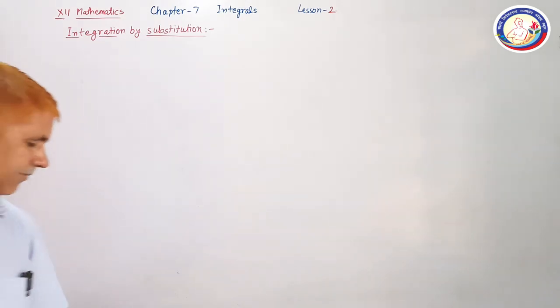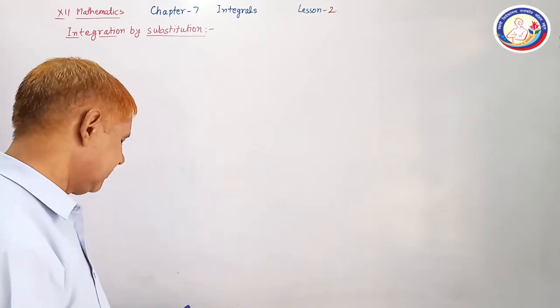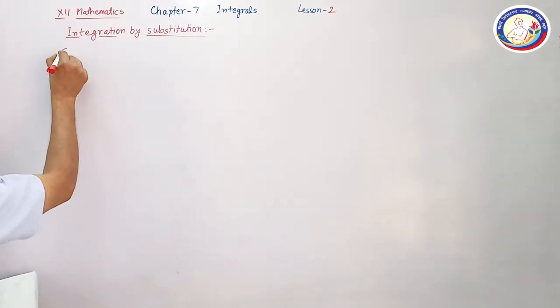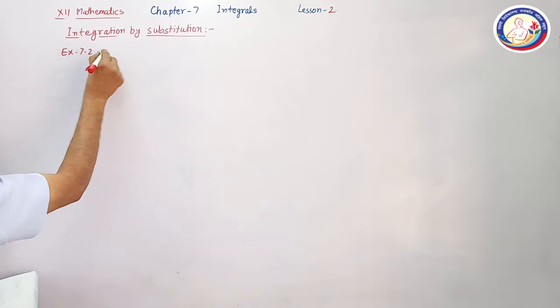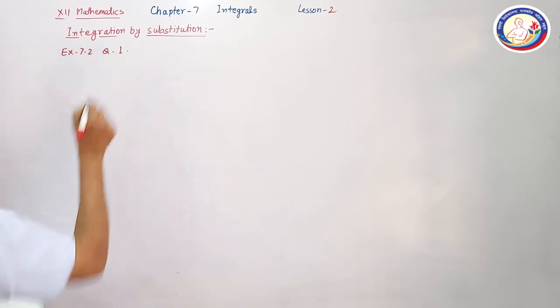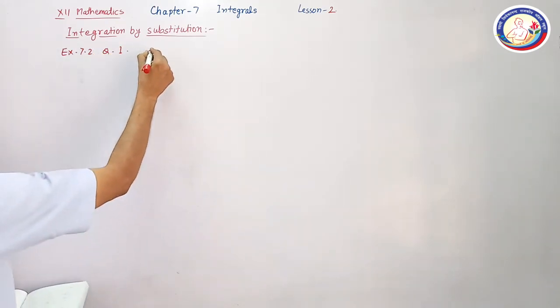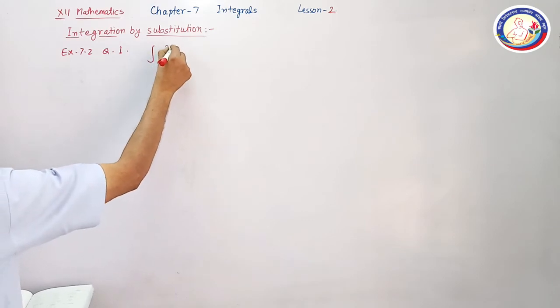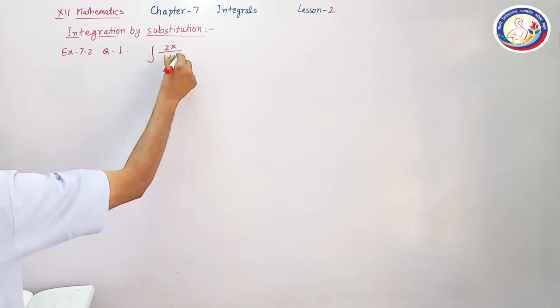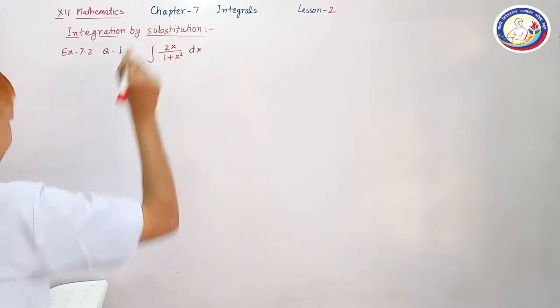I am taking the first question from exercise 7.2, question number 1. Integrate 2x upon 1 plus x square dx.